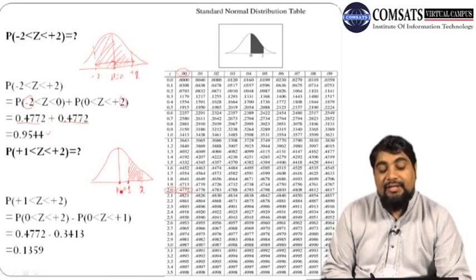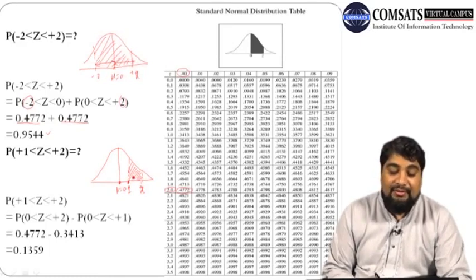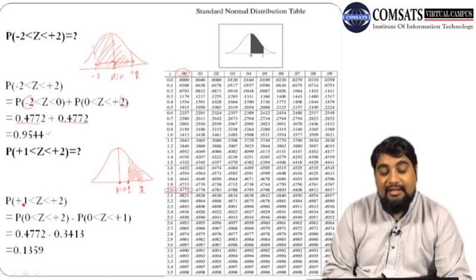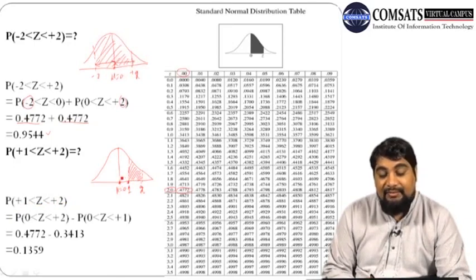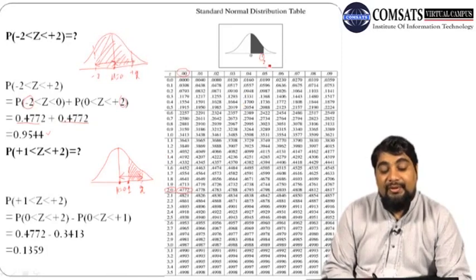In order to calculate the area between these 2 points, you can see that we can write this probability, +1 less than z less than +2, in such a way that we will first find this probability from 0 to 2 using the same logic, just replacing z by 2.